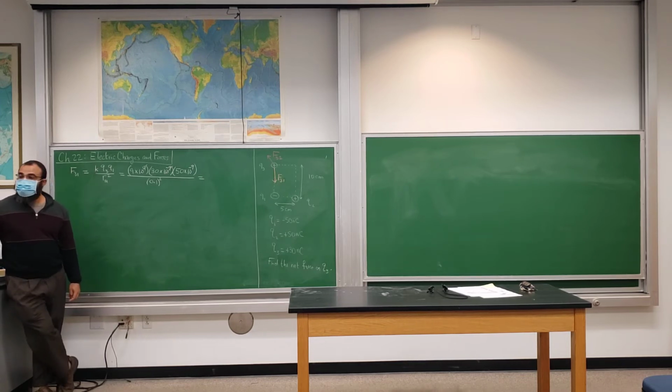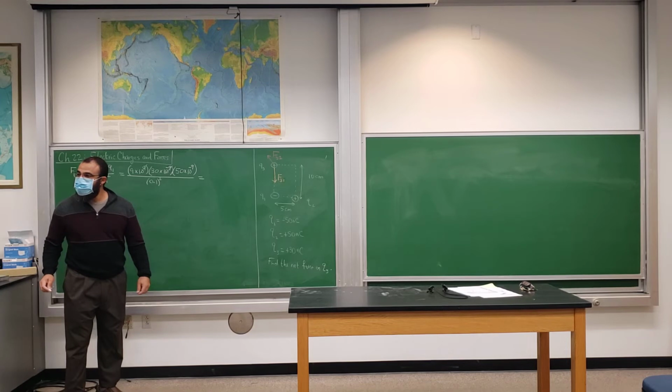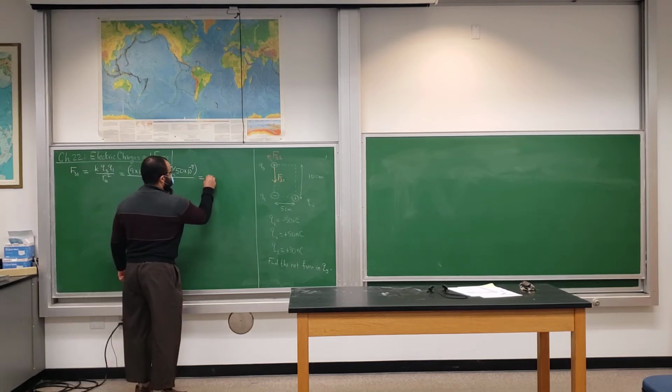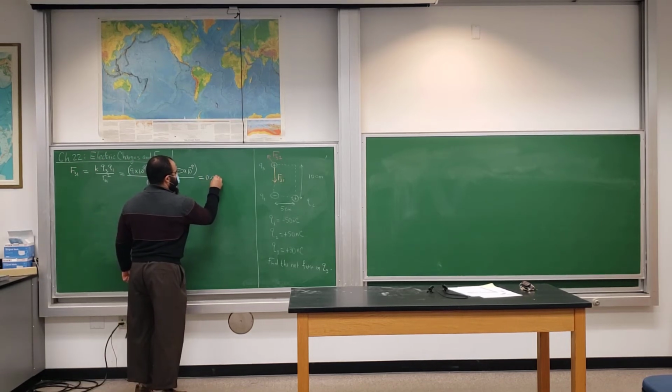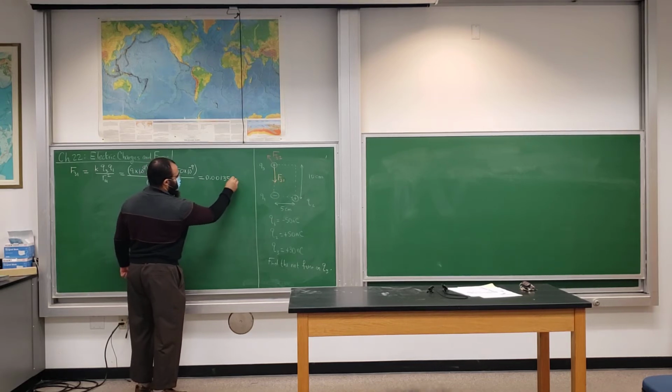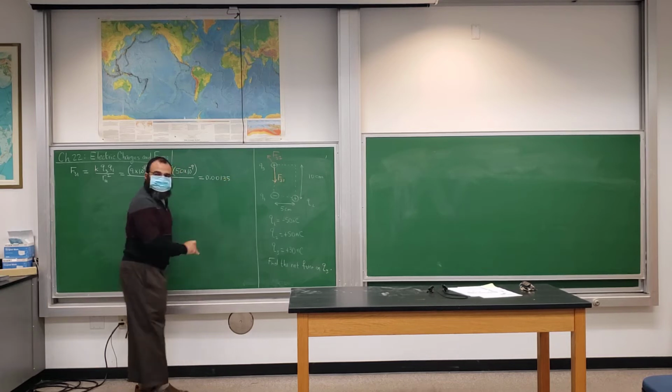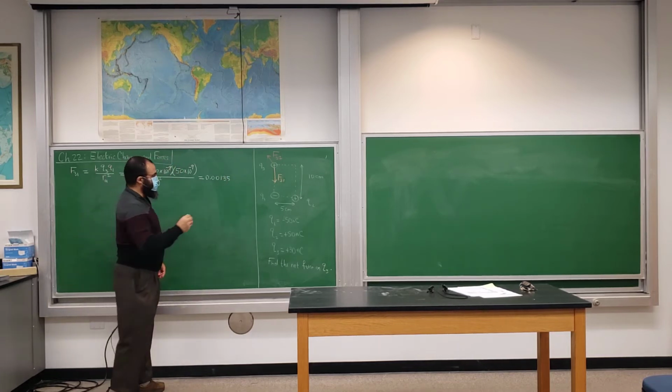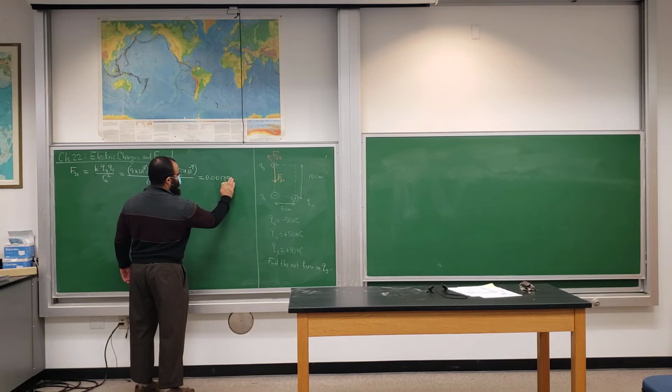I got 0.00135. Thank you. So that's 1.35 times 10 to the minus 3. Let me put it as a power of 10, so it's easier. So 1.35 times 10 to the minus 3.